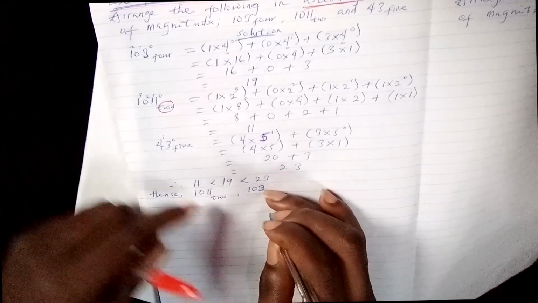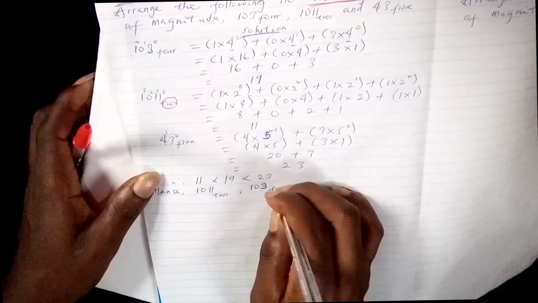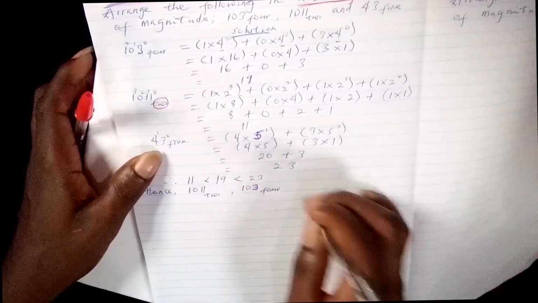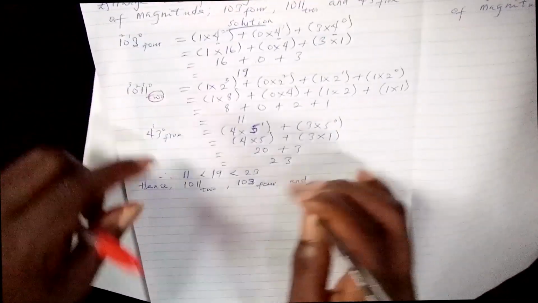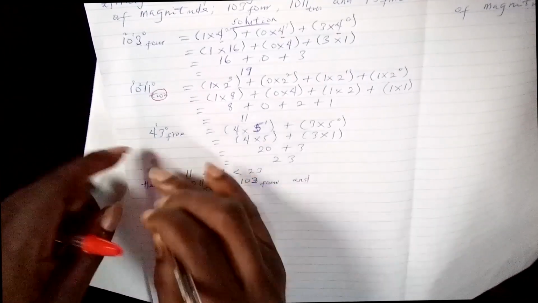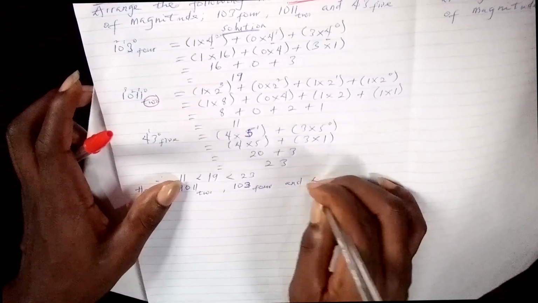So 103 base 4. Then I say, and the 23 is equivalent to 43 base 5.